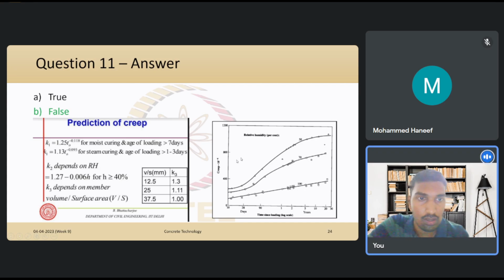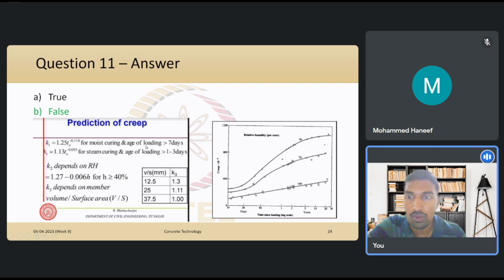Again on creep, here we have creep versus the time since loading. But what we are interested in is the effect of relative humidity. At any given time, for different relative humidity, we have 50, 70 and 100 given here. So we see that the lower the relative humidity, the higher the creep, right?